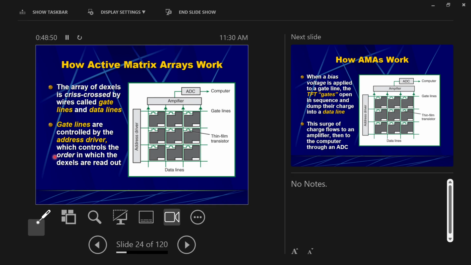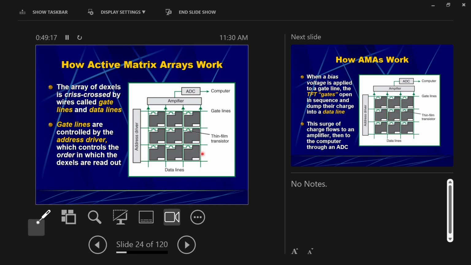So again, smart people put this stuff together. These deck cells read out in a specific order, and that order is always going to be the same. Each gate opens, each thin film transistor will open one at a time. So you get this one, then that one, and then the next row down, left, middle, right, next row down, left, middle, right, and it does this throughout the whole thing.